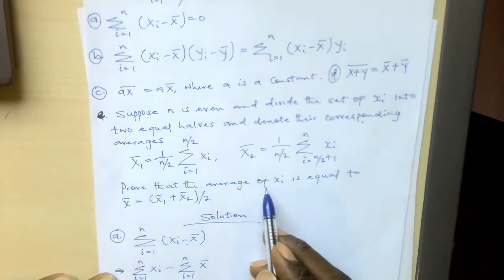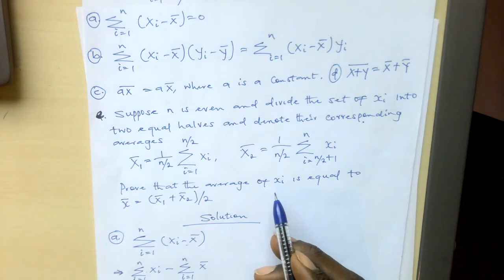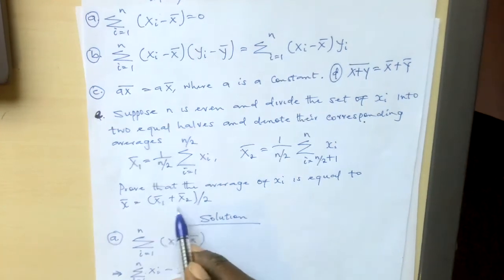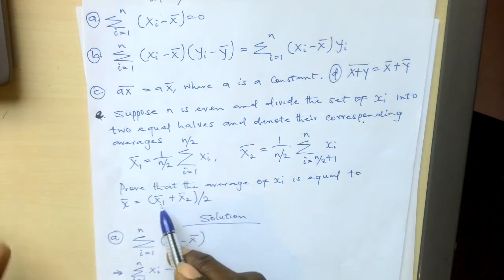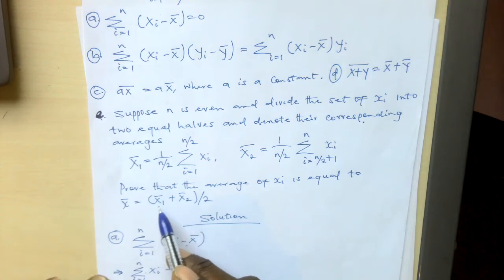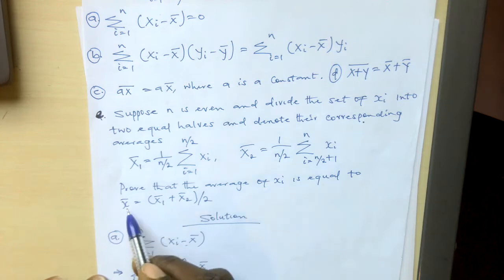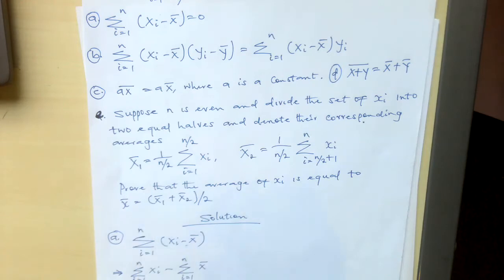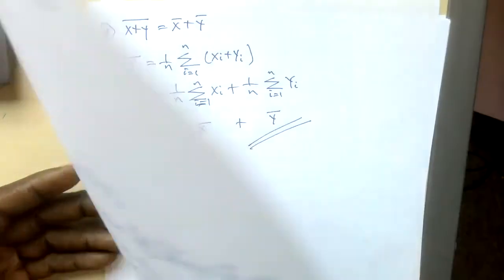So now you have to prove that the main sample mean is equal to the average of each of the half sample means, the first part mean and the second part mean, divided by 2. So it's equal to the main sample mean, right? That's what I asked to prove. So let's prove that.